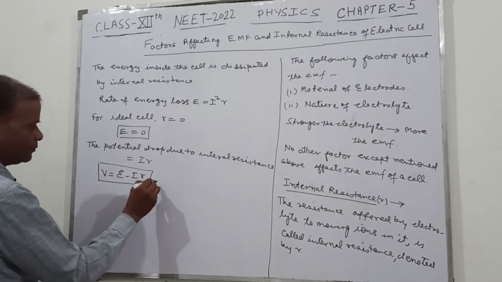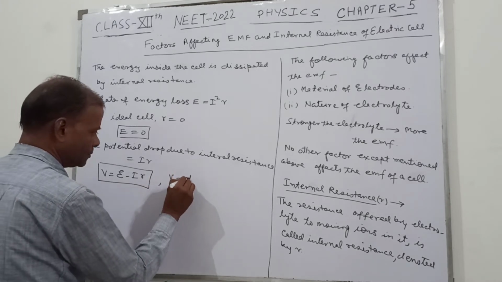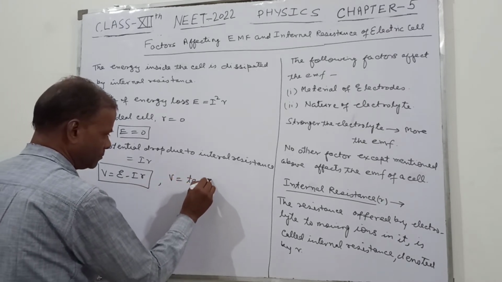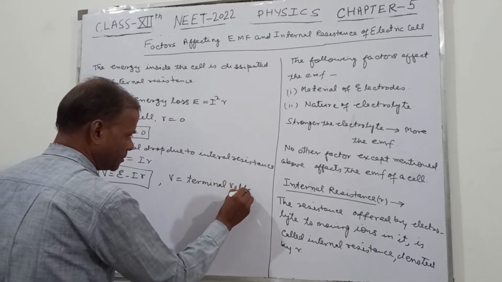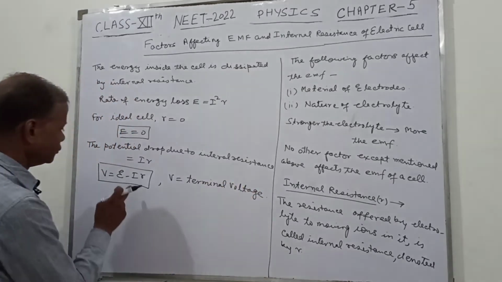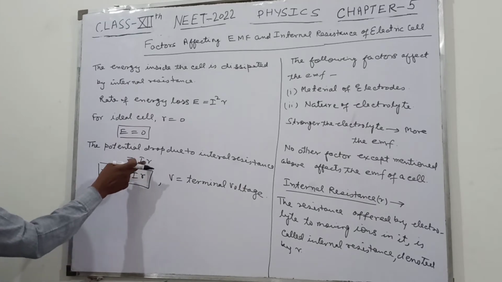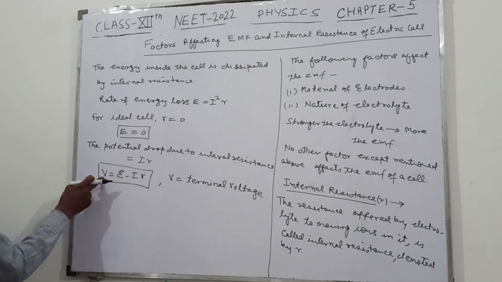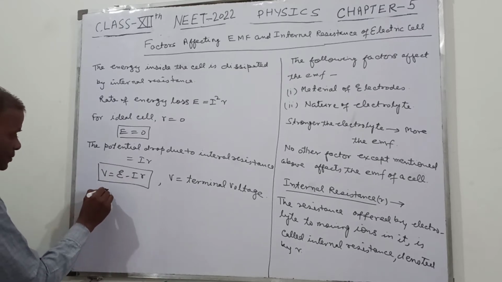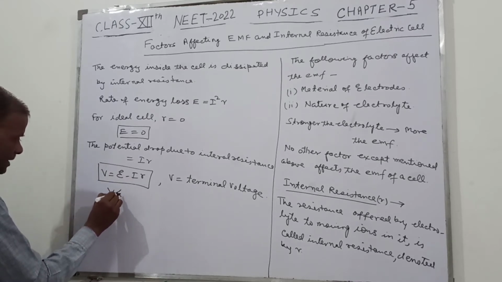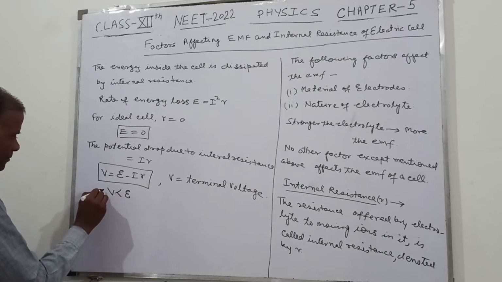V is the terminal voltage. So this much is the potential drop. Because of this we are having less voltage. This V is less than E.